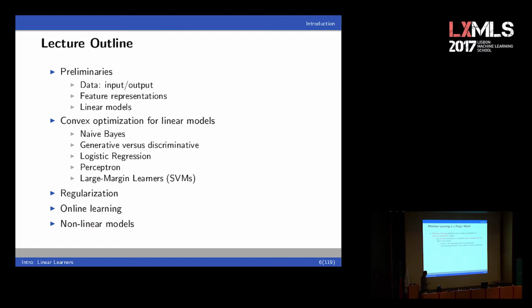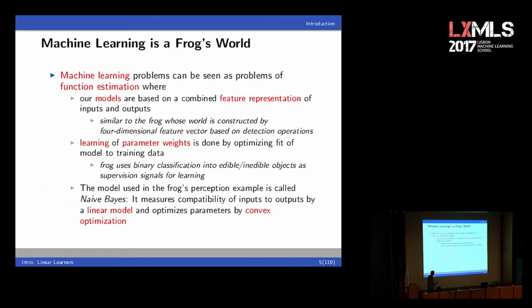Okay, so my view on machine learning is a frog's world. What we do is build models based on feature representations, similar to the frog, who constructs his world by a four-dimensional vector of detection operations. We have a little bit more detection operations, but in principle, we are just animals like the frog, right?